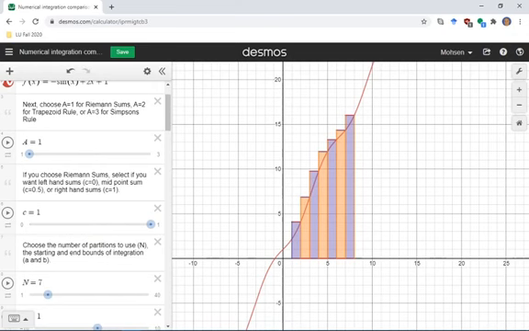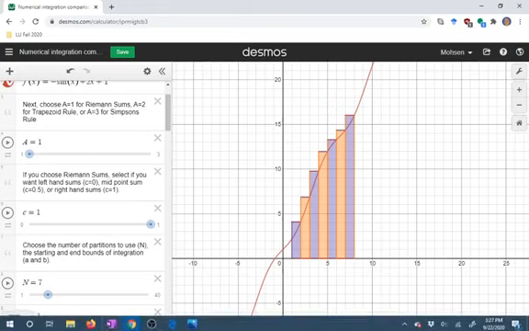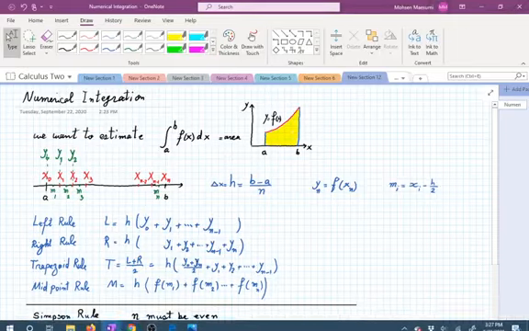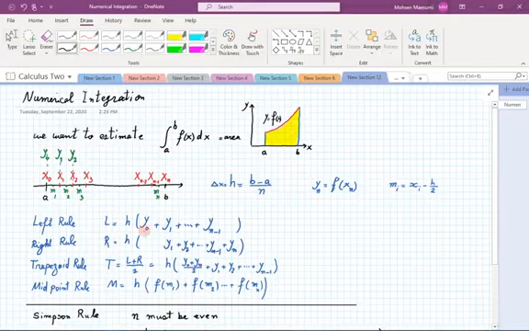So when we are doing the right panel, the very first height is y sub 1. We are skipping y0 and now it's y1 all the way to the very last one, which is going to be labeled as y sub n. We multiply all of them with our bases and add them up, and the formula turns out to be just what we wrote down here. So in the L rule we are missing the very last y. In the R rule we are missing the very first y.